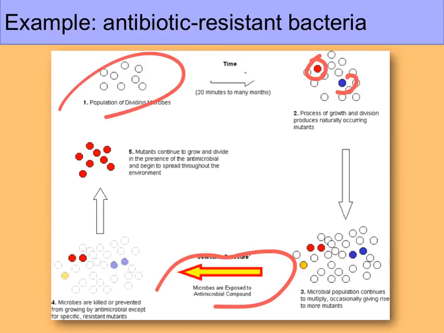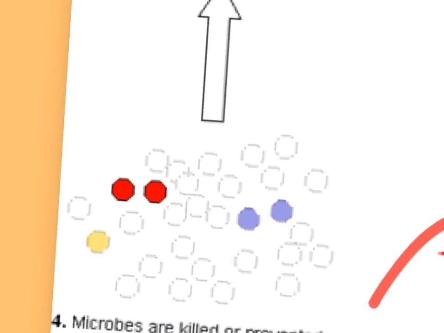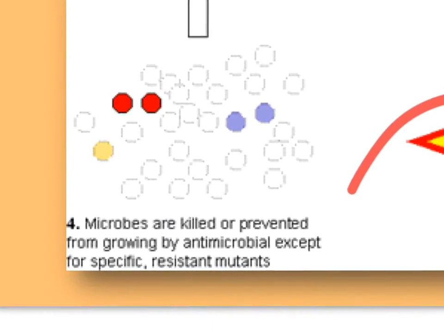Okay. So eventually, most of these, as you can see, all died, except for certain mutants that were actually resistant.